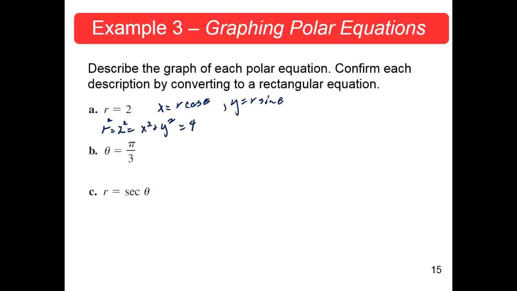What does it mean for theta to be pi thirds? Where do you start your theta? Horizontal x-axis, right? And when you say theta equals pi thirds, what have you done to it? You rotated it about the origin.